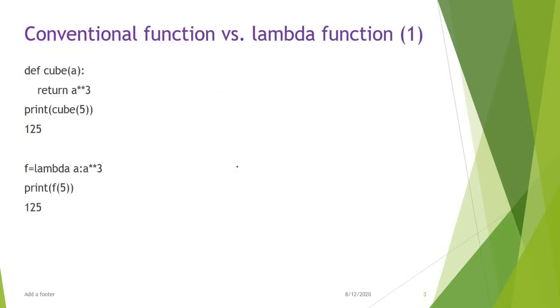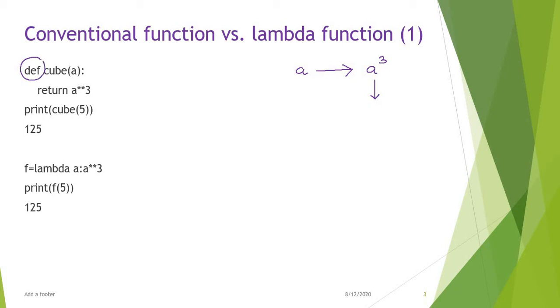So what is the basic difference between a conventional function and a lambda function? Let me define a user defined function cube. If I supply some number a, it will take the cube of that and return it. We know how to define a user defined function.